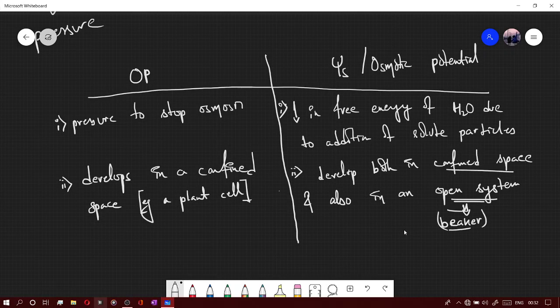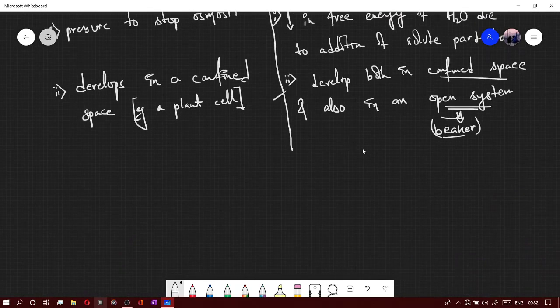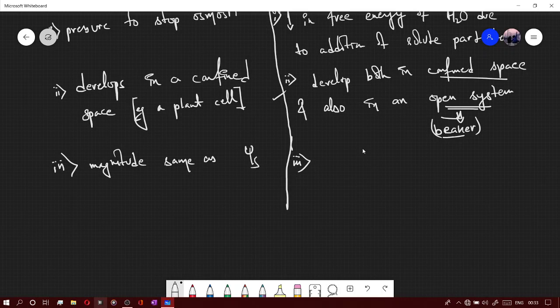And confined space is this plant cell. And then number 3: its magnitude is the same, but with opposite sign.